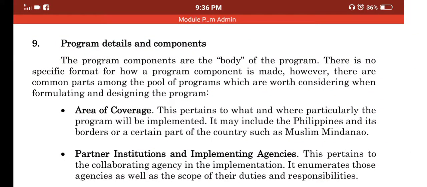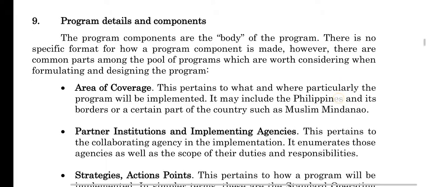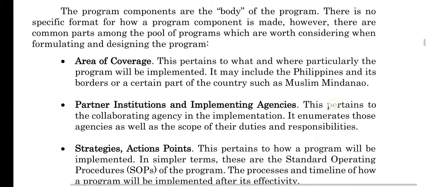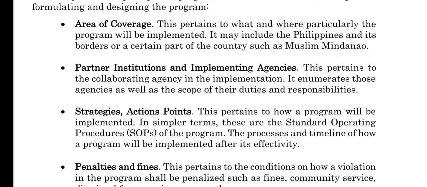Program details is basically the body of your program. The body includes all the provisions, the sections, the policies, the penalties, the terms and conditions of your program. So there is no specific format on how you're going to create your program details and components. Example here is an area of coverage.